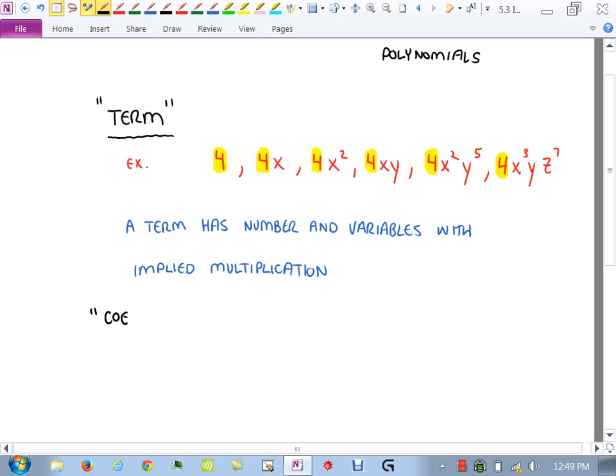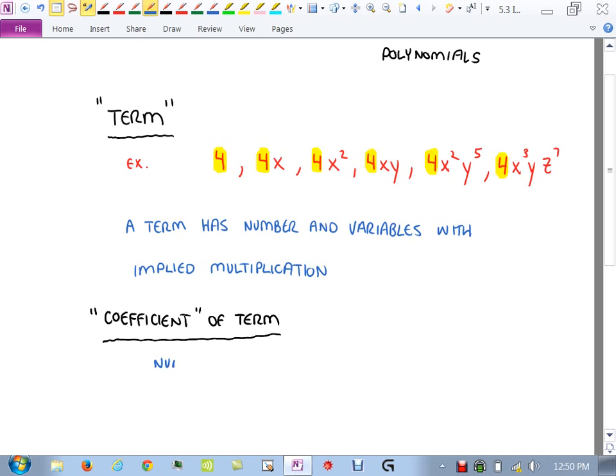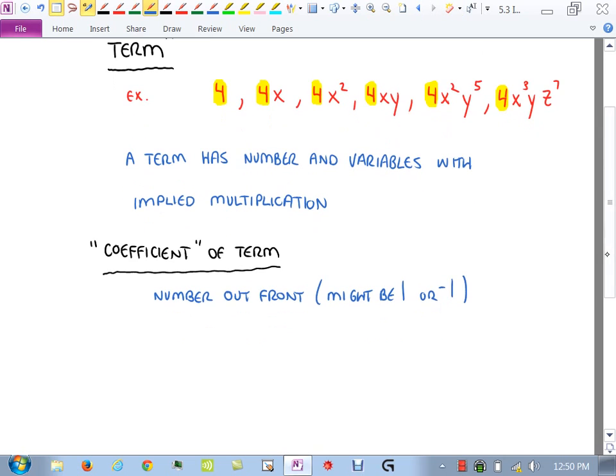The coefficient of the term is basically the number in front, the number out front. And I'm going to also say here, it might be 1, or it could be -1. So it might be 1 or -1. Just be careful.